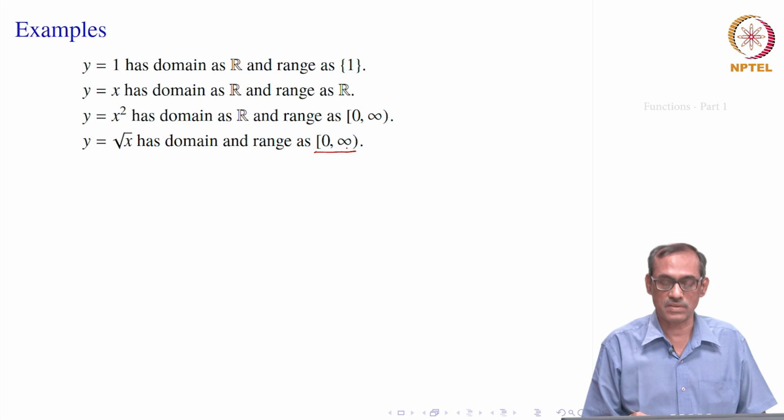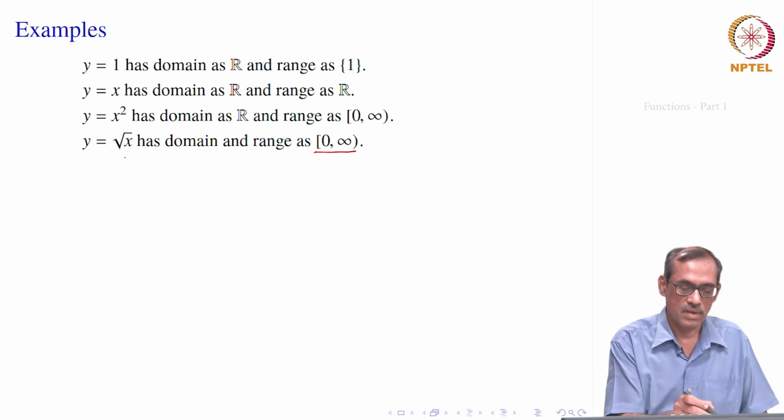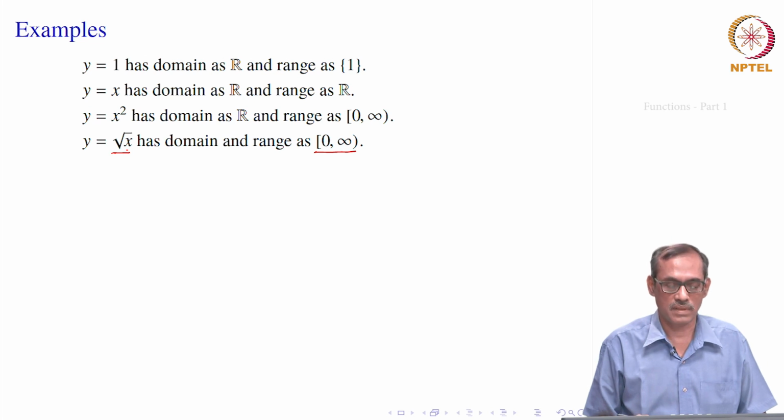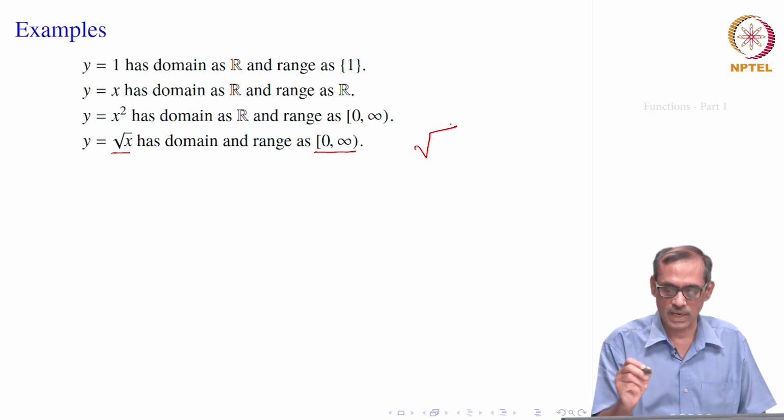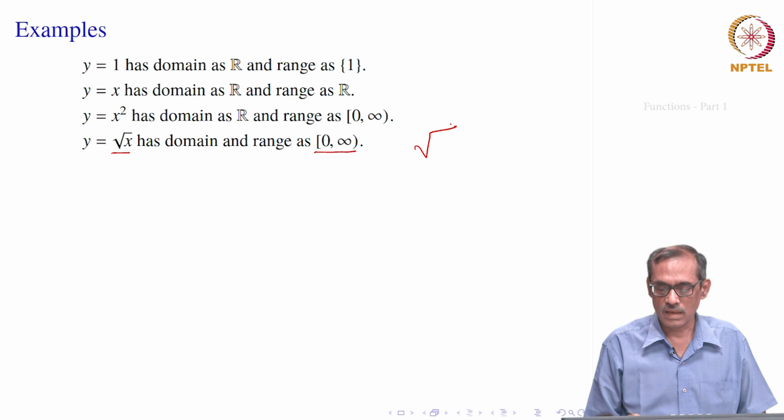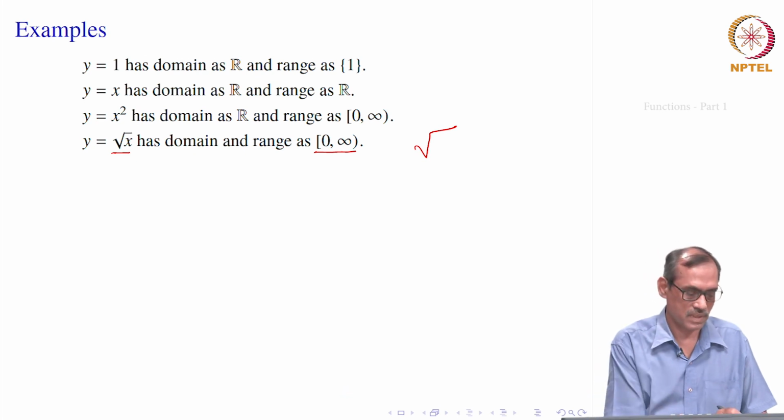When you take square root, the usual convention is we take the non-negative square root. Like square root of 9 will never be considered as minus 3, it will be plus 3. That is the convention with this symbol. Therefore, its range is also the set of all non-negative real numbers.